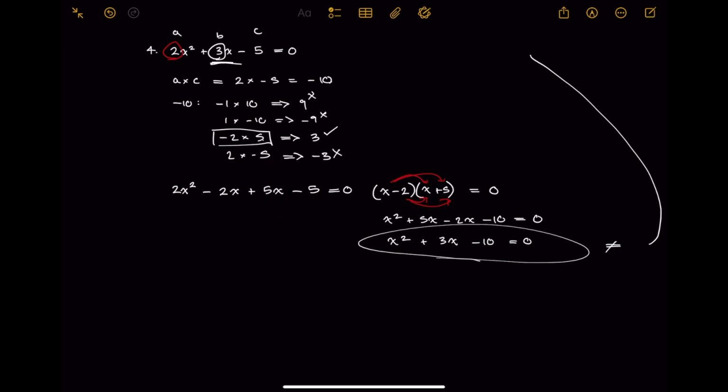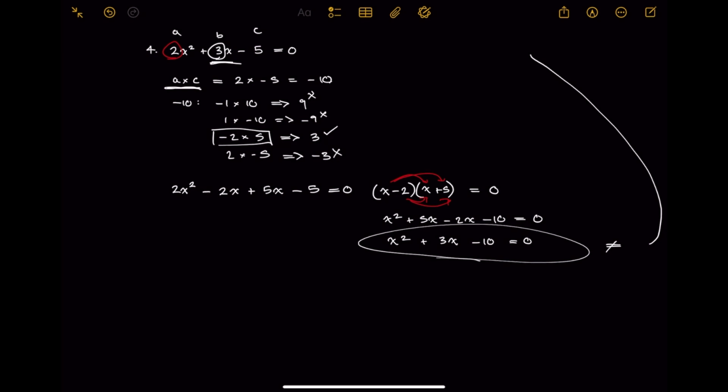And this all is derived from this pair of numbers that we found over here via our previous manipulations. And at first glance, this large expression of 2x squared minus 2x plus 5x minus 5 is equal to 0 seems a lot more complicated because now we have 4 terms instead of 3.